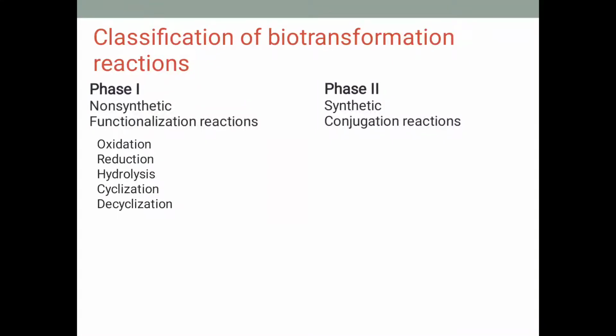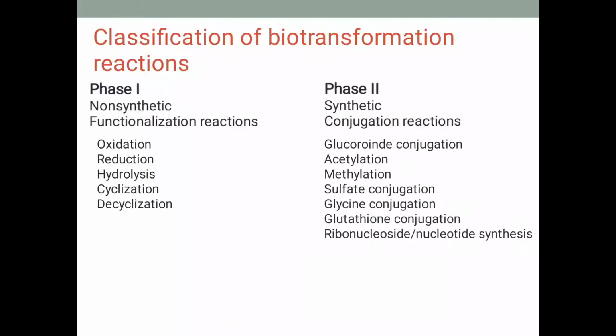So phase 1 includes reactions like oxidation, reduction, hydrolysis, cyclization and decyclization. And phase 2 includes reactions like glucuronide conjugation, acetylation, methylation, sulfate conjugation, glycine conjugation, glutathione conjugation, ribonucleoside or nucleotide synthesis.